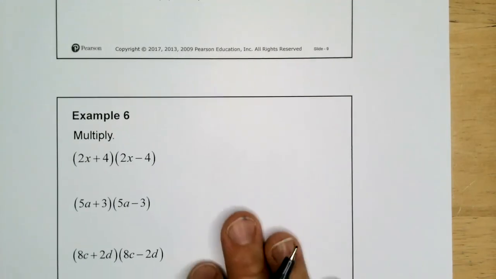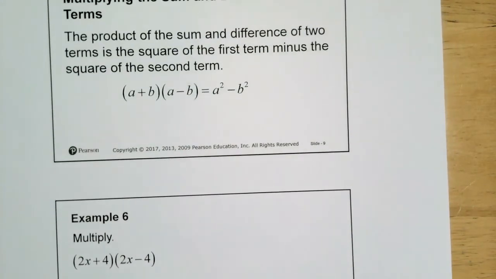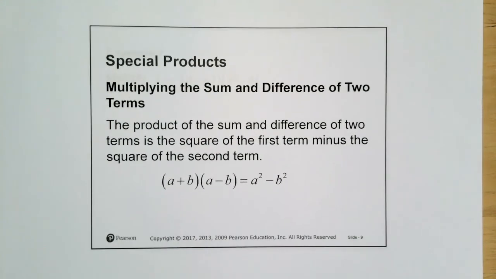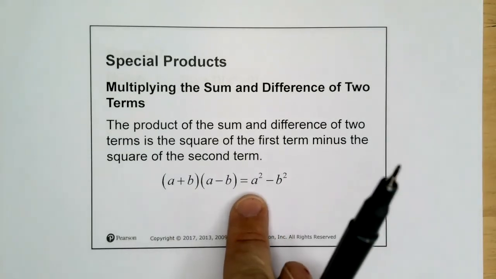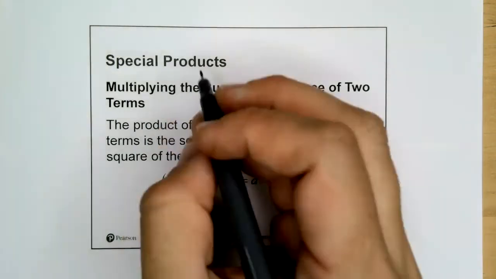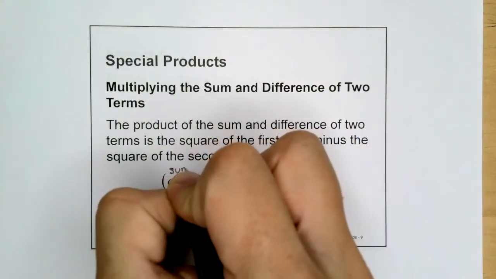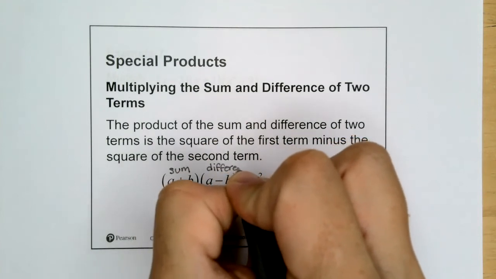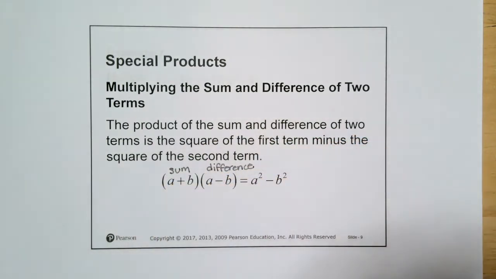All right, special products. Multiplying the sum and difference of two terms. The product of the sum and difference of two terms is the square of the first term minus the square of the second term. So this is the sum. This is the difference. Sum just means add and difference just means subtract, okay?